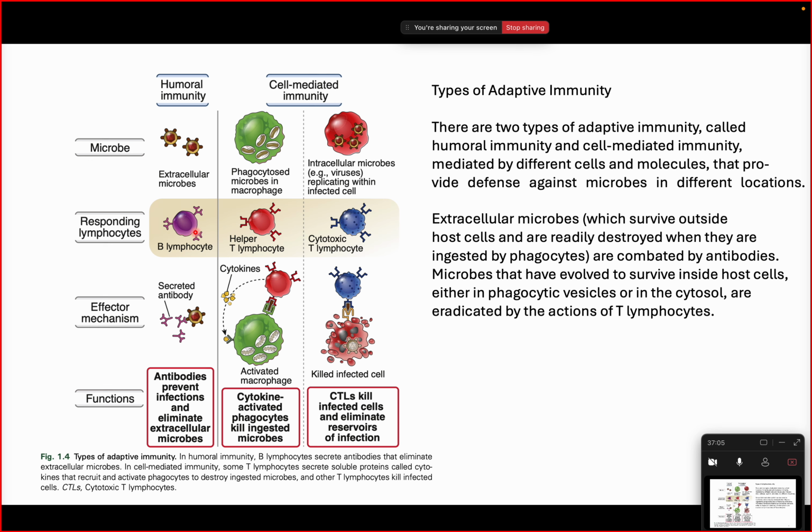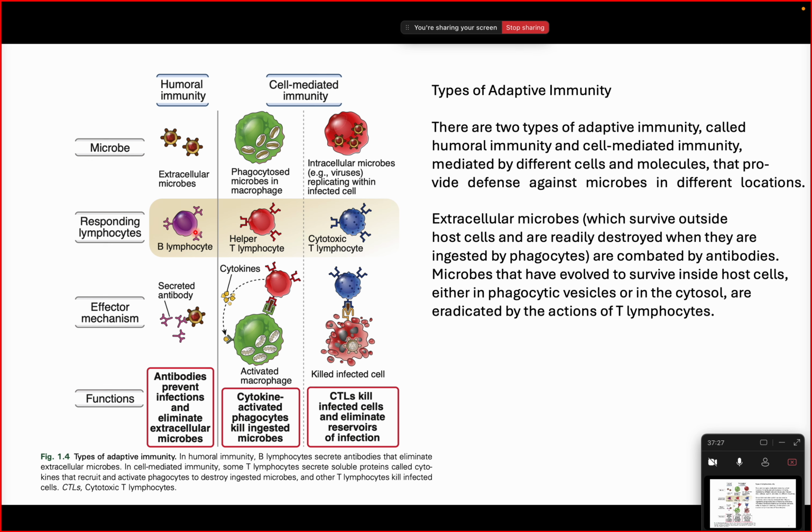Now, when we talk about cell mediated immunity, the microbe is of intracellular type. The phagocytized microbe is inside the macrophage. The intracellular microbe, such as viruses, replicates within the infected cell. The responding lymphocytes are the helper T cell and the cytotoxic T cell.